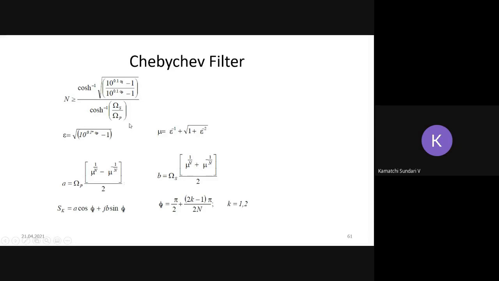If it is odd, then we substitute s equal to 0 in our denominator portion and calculate the value. That will give you your numerator portion. If it is even, then we substitute s equal to 0 and also substitute the epsilon value here, and then find our numerator portion. Finally, we write H of s equal to numerator divided by denominator in the Chebyshev filter.